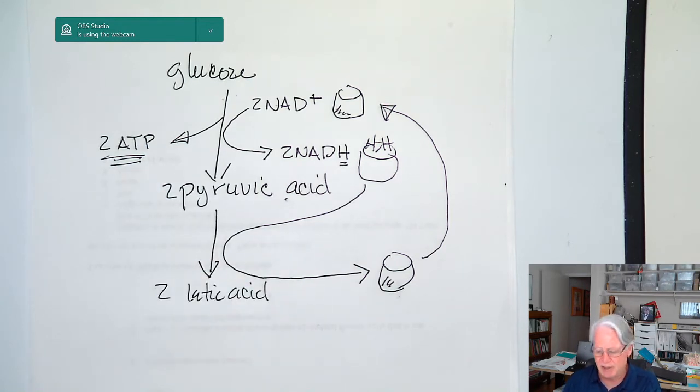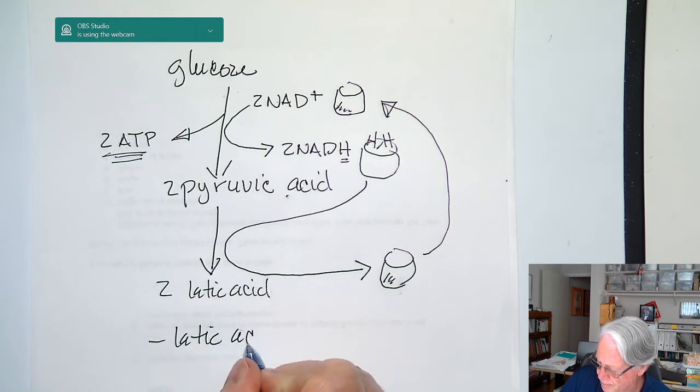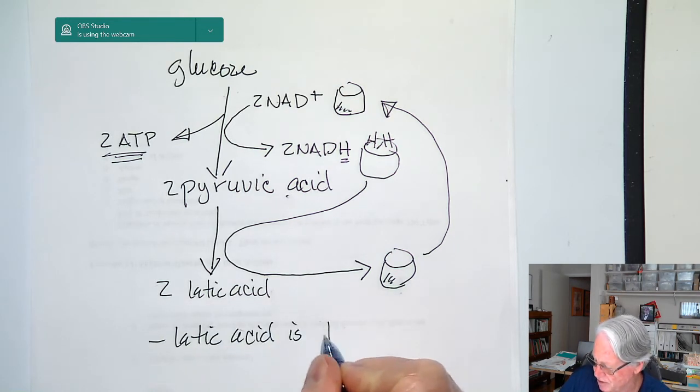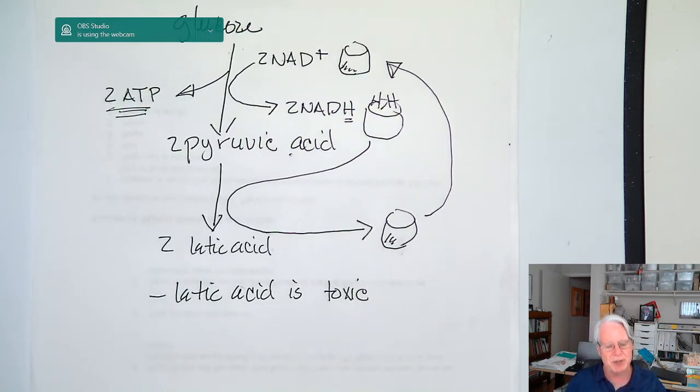The problem is this. Lactic acid is toxic. It's not good for you. This is the burn that you feel in muscle tissue when you start working out. So you can tolerate certain levels of lactic acid, but in the end, you cannot tolerate high levels.